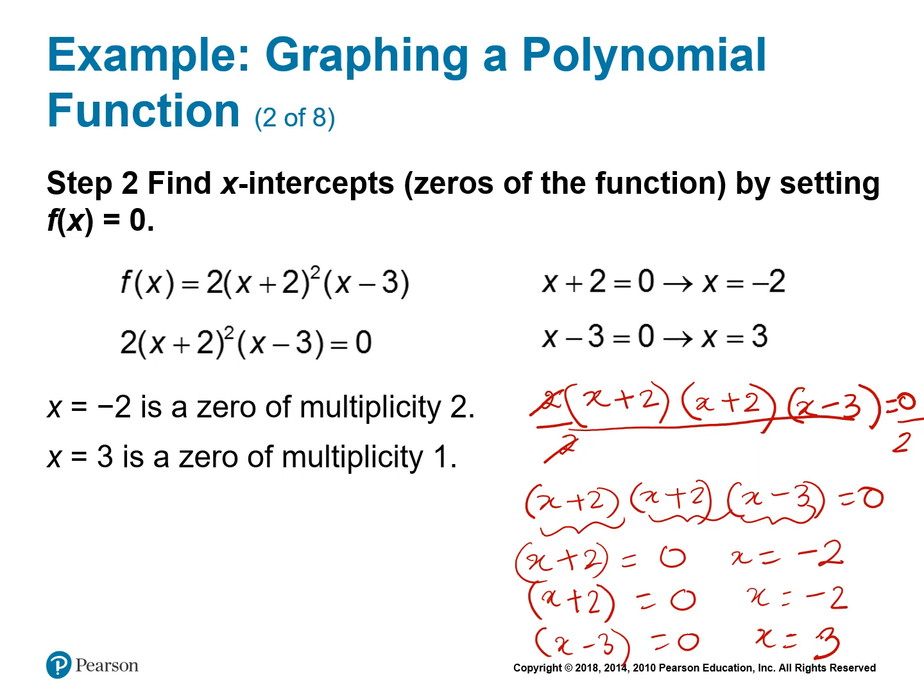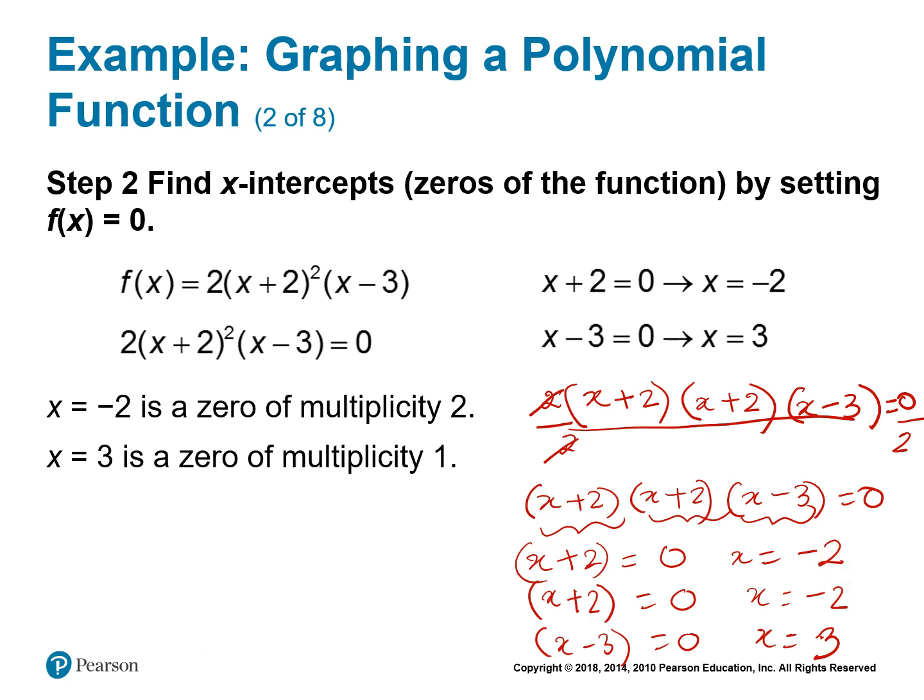All right, we see x equals negative 2 occurs twice. So we have the same solution for x repeated twice. So that makes minus 2 a multiplicity of 2.